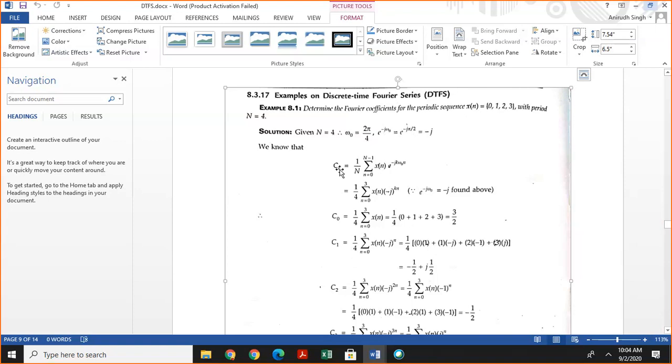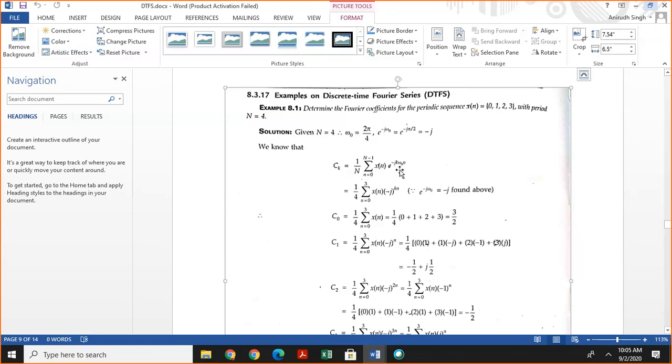Then by definition, the value of Ck is given by 1 by N summation from n equal to 0 to N minus 1 of x of n exponential minus j k omega naught n.